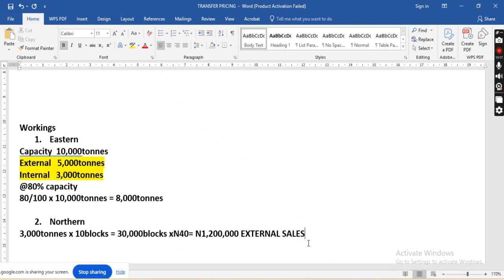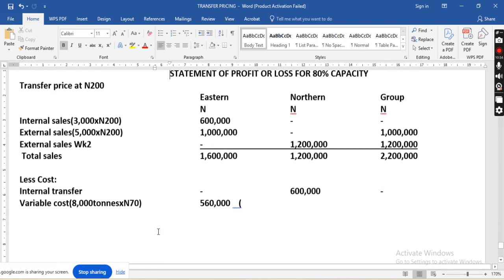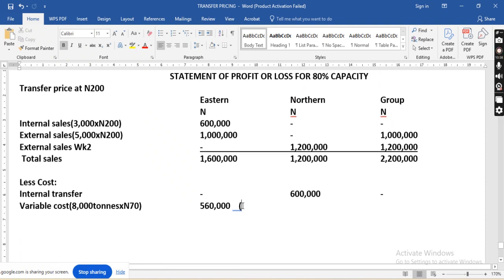The total will be 30,000 blocks that they will now sell to external, right? 30,000 blocks times the variable cost of the Northern, 60 naira. 16 naira. So what do we have as variable cost for this? 1.8 million. Okay, 1.8 million.